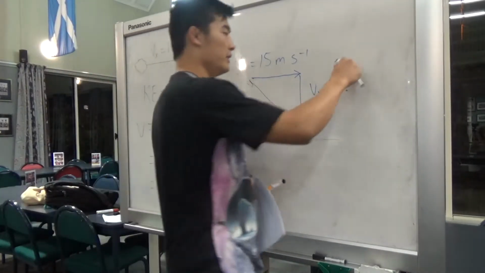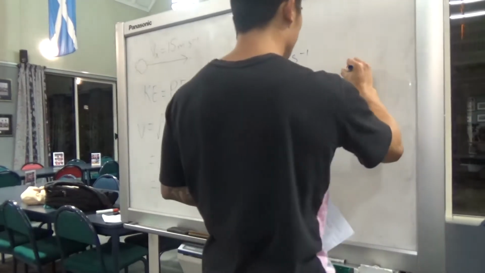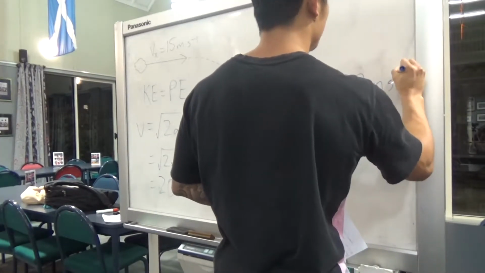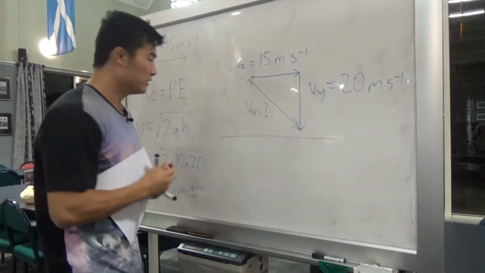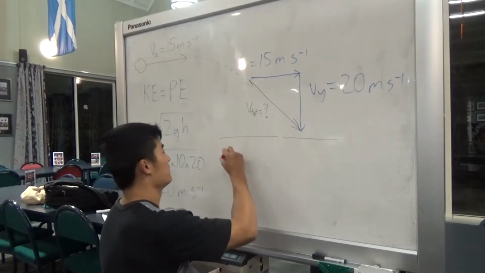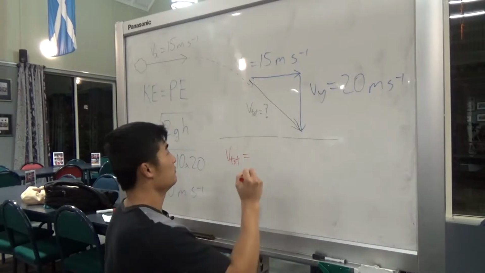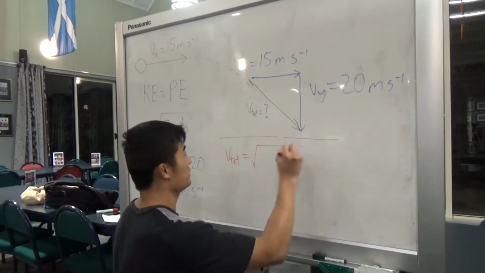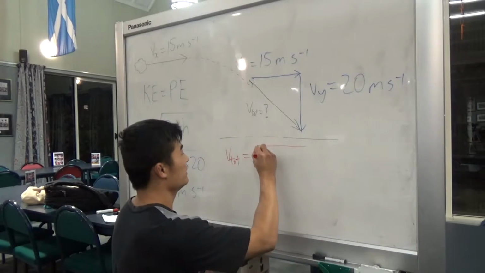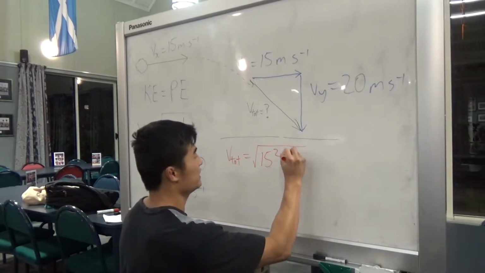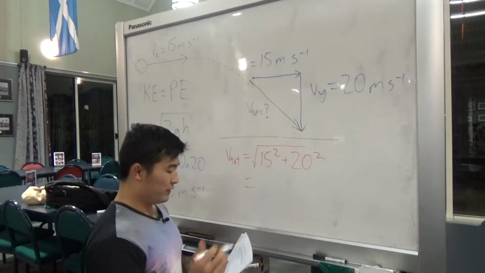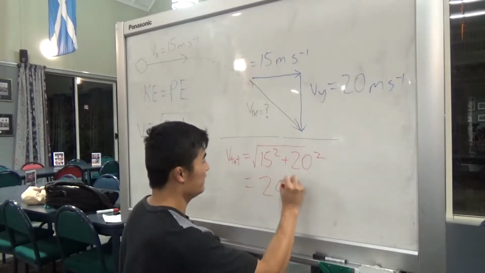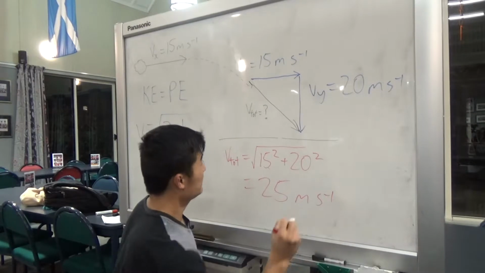So this vertical component will be 20. And so the V total will be the square root. We're going to use Pythagoras: 15 squared plus 20 squared, which will give you 25 meters per second.